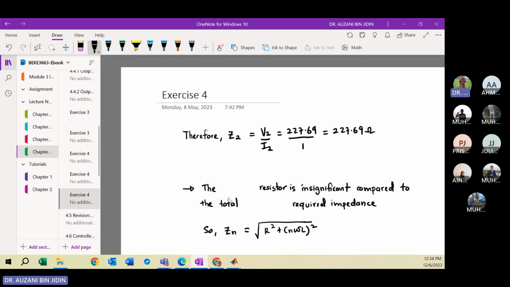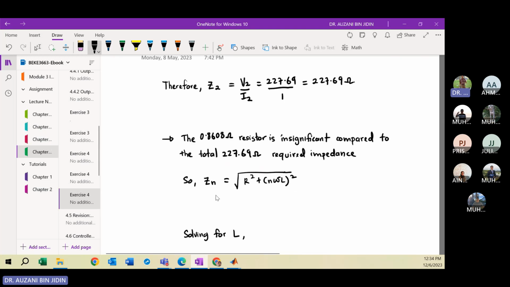Okay, then you need to apply an assumption in order to simplify the analysis or the calculation. The given resistor value is 0.8 ohm, which is too small compared to the total impedance, which is 227.69 ohm. We know that the impedance can be calculated as the square root of R squared plus (n omega L) squared.